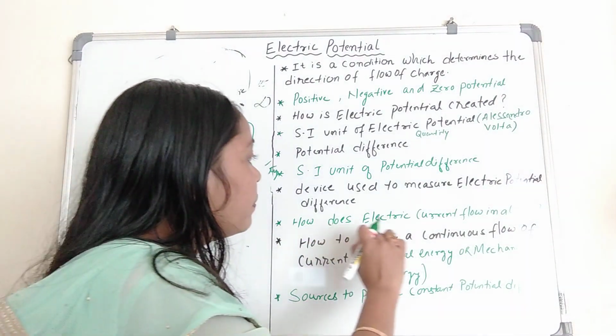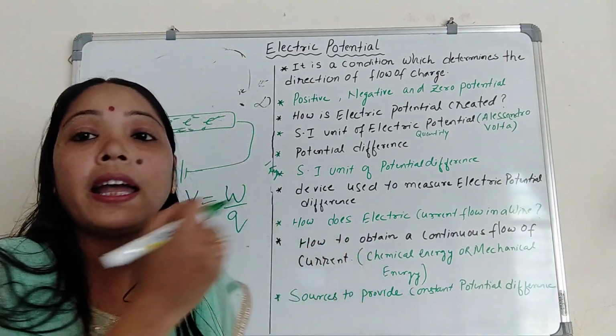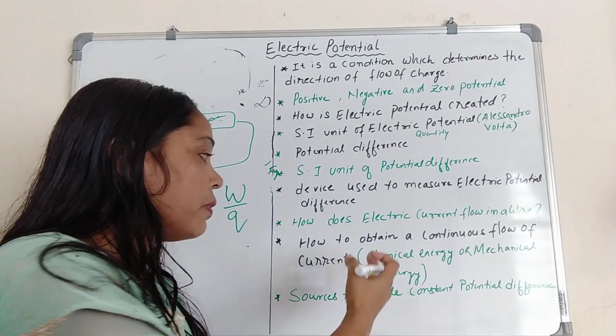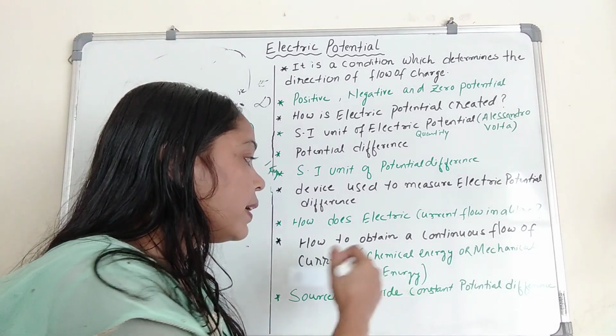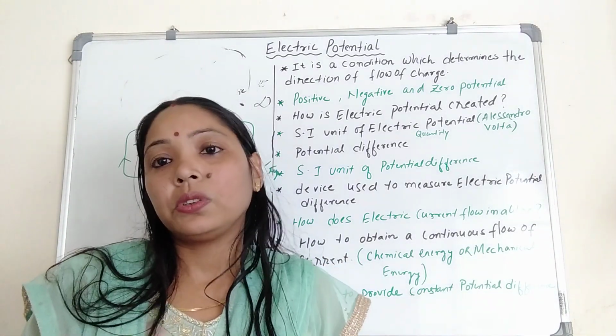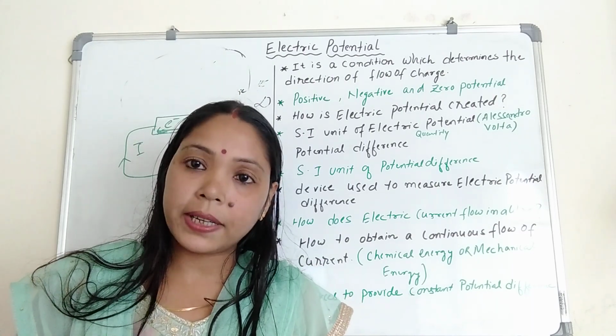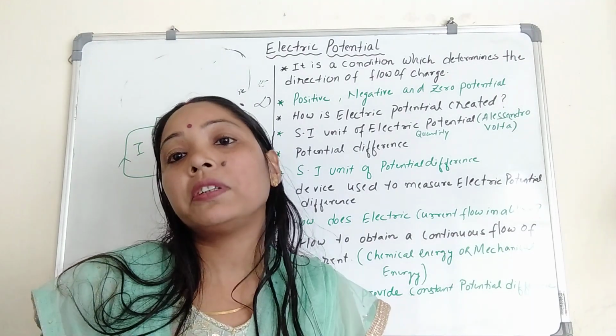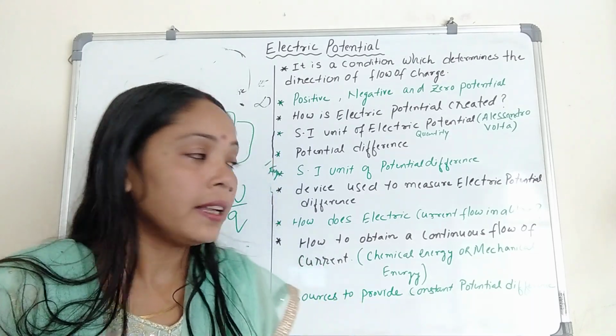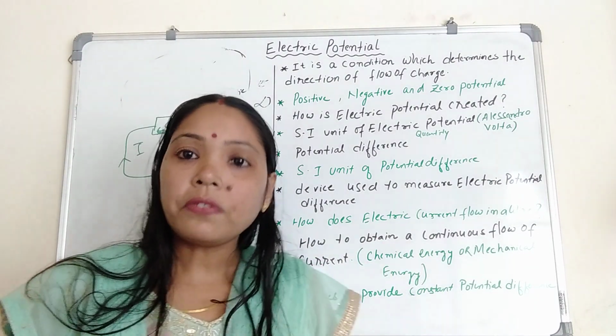Electric current flows in a wire with the help of sources like a chemical energy source or a mechanical energy source. Cell or battery is considered a chemical source of energy, and the dynamo or generator is considered a mechanical source of energy.